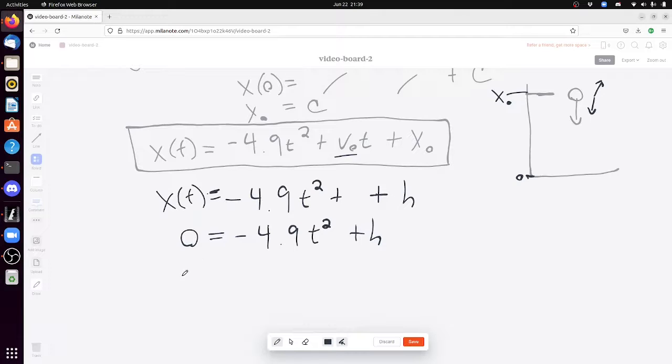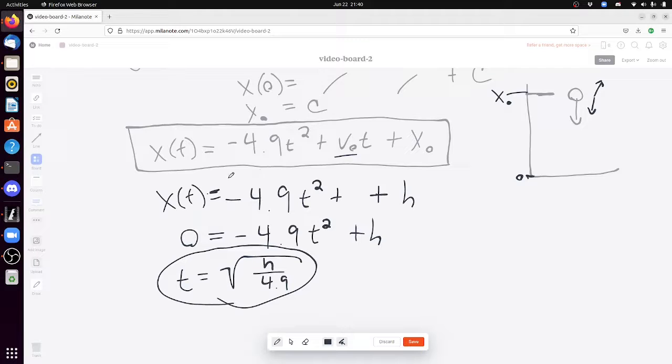So I'm just gonna skip a couple steps, but basically t equals square root of h over 4.9. So if you have any h that you start with, a starting height, and you want to say how long does it take to hit the ground, well, assuming you don't throw it up or down, but you just let it go, you just drop it, this equation will actually tell you how long it takes to hit the ground in seconds.